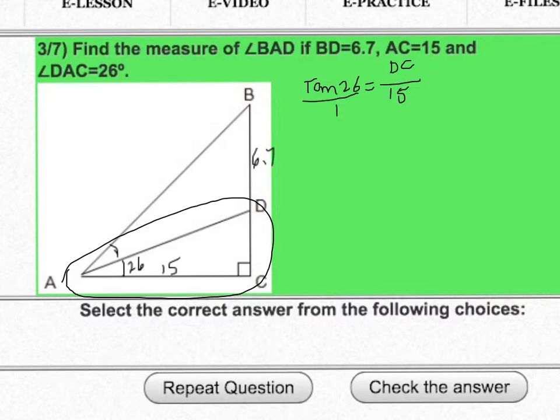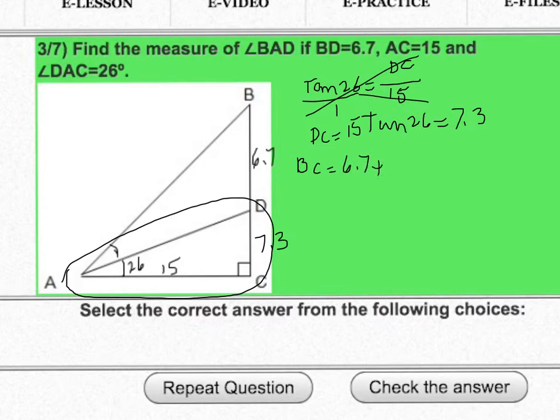This is over 1, so I'm going to crisscross again, and I'm going to get DC is equal to 15 tan 26, which is how much, Danny? 7.3? Okay. So I found that DC is now 7.3. This means that BC is equal to 6.7 plus 7.3, which is going to be 14. So now I know this side.